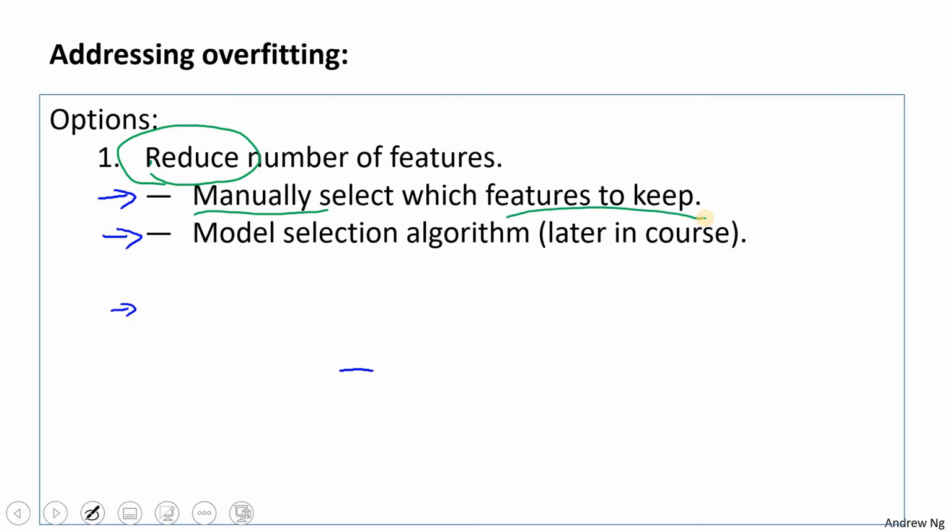For example, you have the feature size of the house, and another feature you have introduced yourself, which is size of the house squared. Maybe try to remove this size of house squared. Another thing that will definitely affect this is the model that you use for your algorithm.